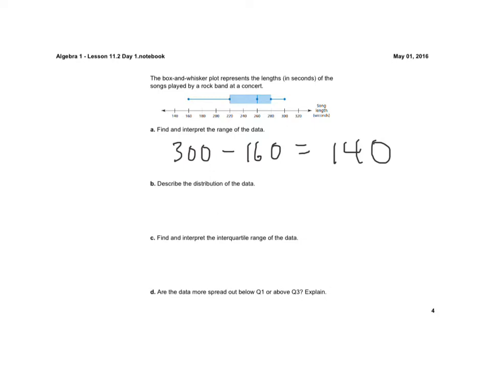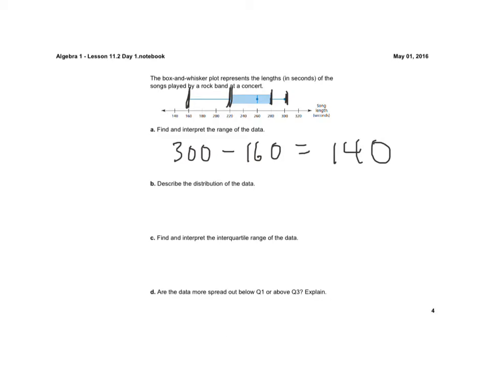Describe the distribution of the data. Well, it looks like from my least to my Q1 is pretty spread out, since that has a range from 220 to 160. Here, the upper is pretty well close together.